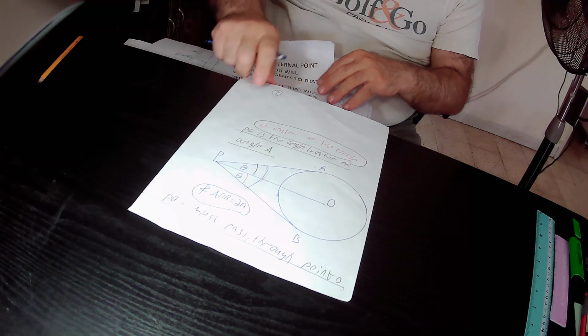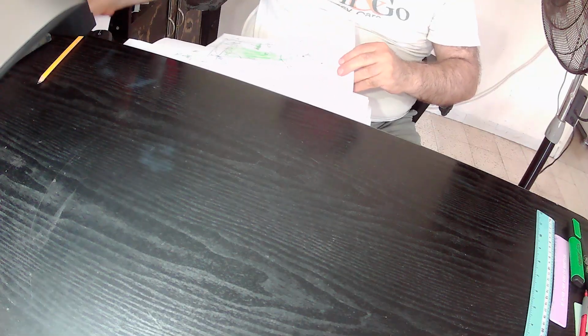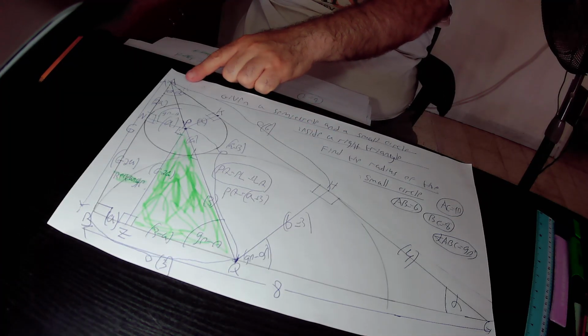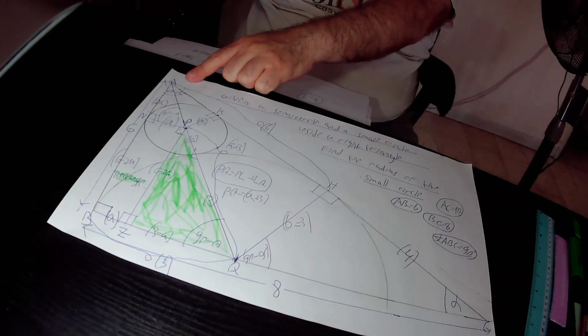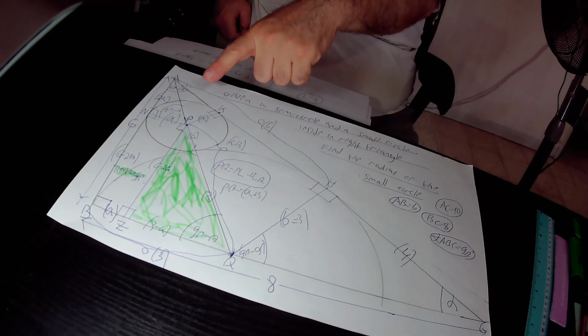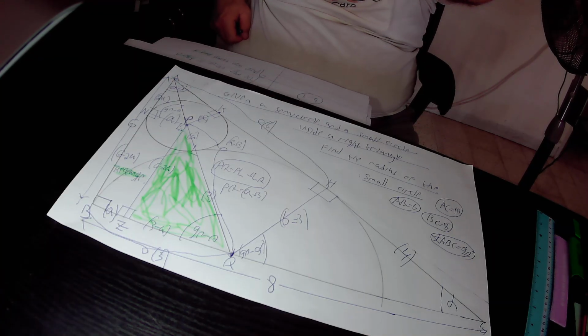So we can actually implement rule 15 in our drawing. Why? Because in our drawing, if we focus on this common external point, point A, from this common external point, point A, we have two tangents to this small circle, tangent AN and tangent AK. And according to rule 2, tangent AN and tangent AK are equal.